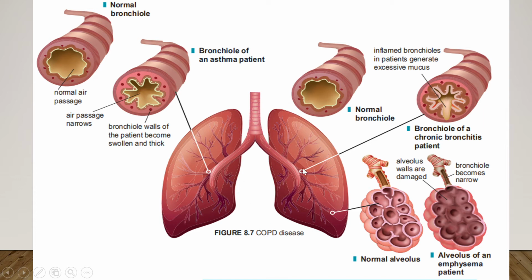Okay, next one, moving on. This is the normal bronchial, and this is the bronchial of a chronic bronchitis patient. So again, this bronchus, when you see the -itis, it means inflammation, has got infection. So the inflamed bronchus in the patient will generate excessive mucus, too much mucus.